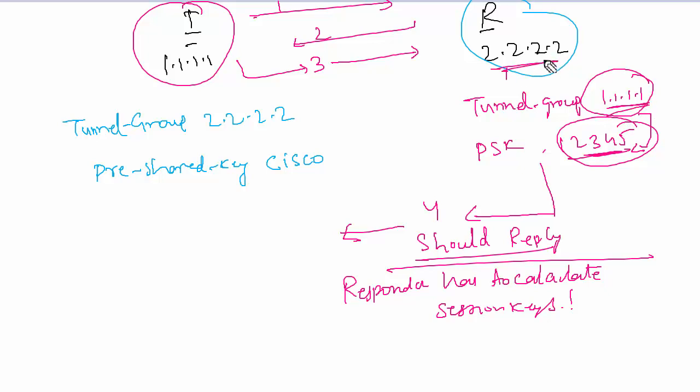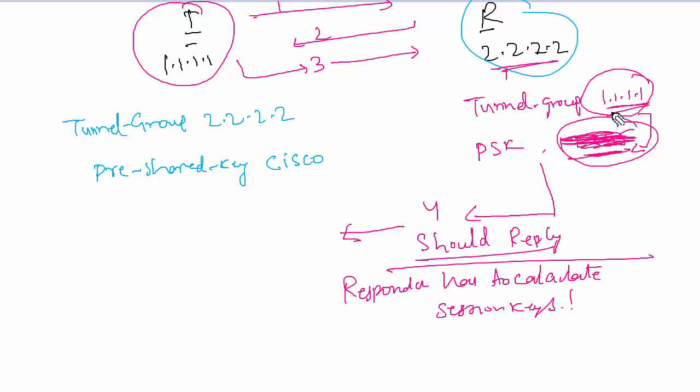If the responder finds that there is no pre-shared key configured here, it knows that we are trying to establish a VPN with 1.1.1.1, and it finds that there is a tunnel group with the name 1.1.1.1, and it's trying to locate the pre-shared key, but the pre-shared key has not been configured. So the responder does this before actually sending the fourth message, because it knows if I send the fourth message, then I will have to create session keys. To create session keys, I need to locate the pre-shared key.